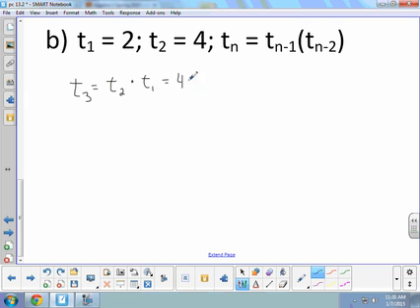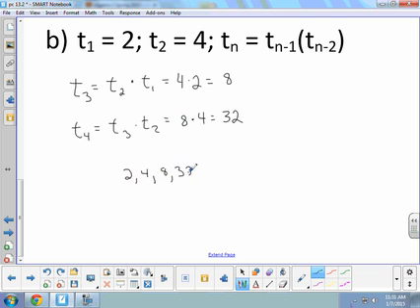That would be 4 times 2, which is 8. t sub 4 is going to be t sub 3 times t sub 2, which would be 8, which we just figured out, times t sub 2, which is 4, which is 32. So our sequence there is 2, 4, 8, 32.